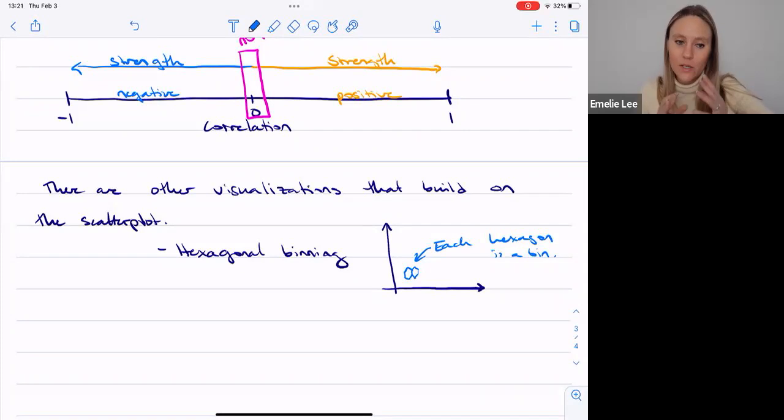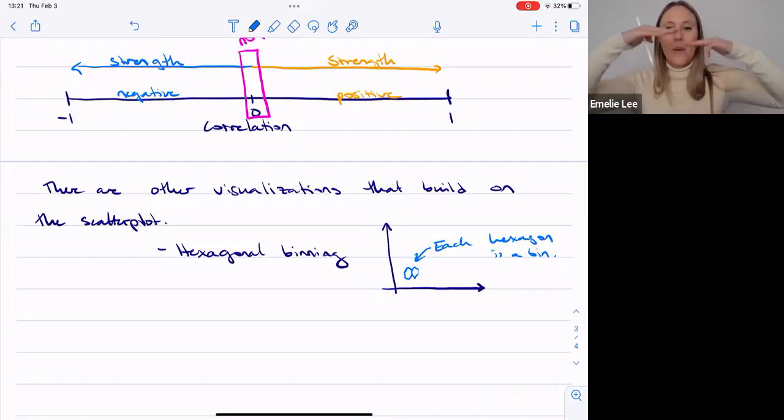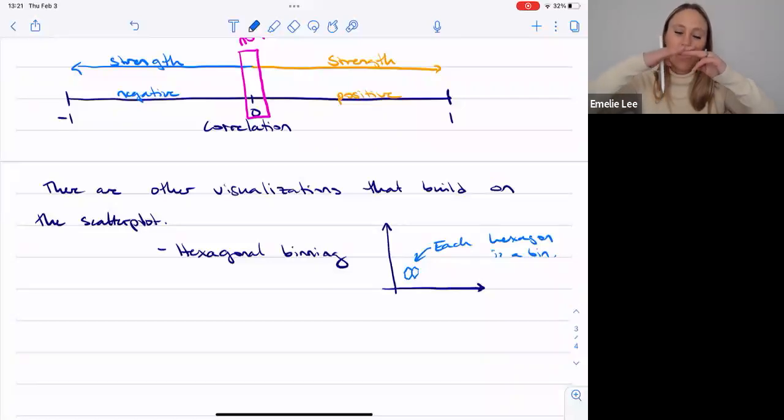We can increase the darkness in each hexagon depending on the count in each bin. So we build them up gradually as if we have a histogram. A histogram has all these bins and we fill those, and same thing with these hexagons. We build them up not in a 3D way, because that would be weird, but in a color scale way, right? And so the color scale of the hexagon would indicate the count in each of those bins.